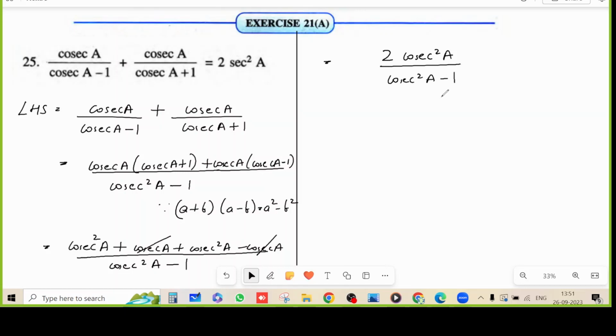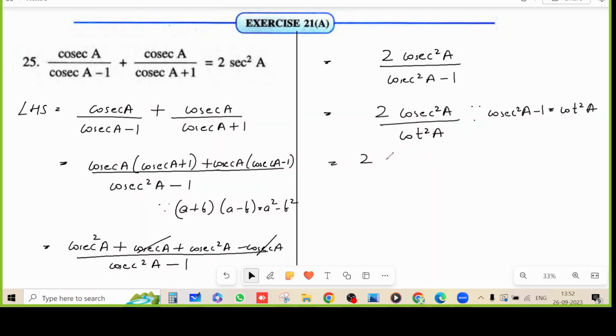Now according to the trigonometric identity, we can put the value of cosec square a minus 1 equal to cot square a. So this will become 2 cosec square a upon cot square a, since cosec square a minus 1 is equal to cot square a. Now we will convert it in the form of cos and sine.